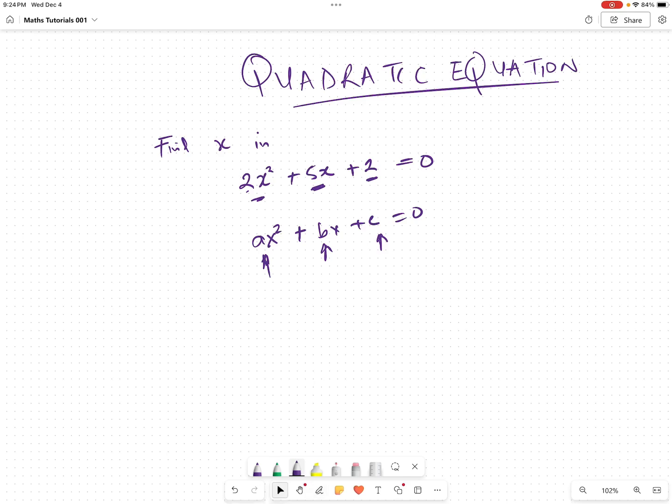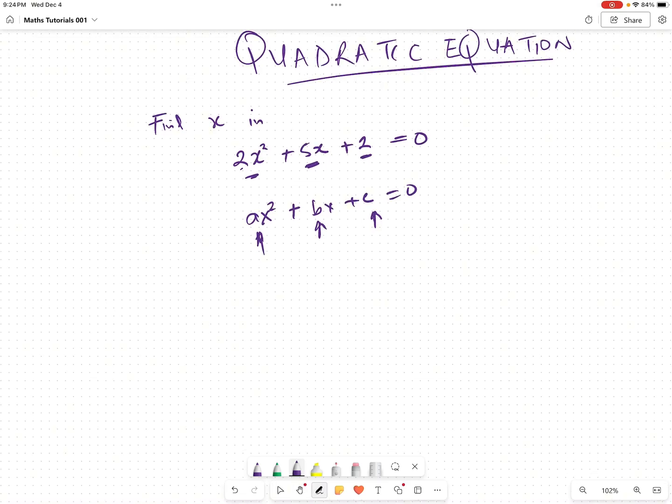But what I'll be showing you today is how to solve it without the quadratic formula, so that you are more creative. To do that, first we have the 2 in front of x squared, and we have 5 here, and we want to multiply what is in front of the x squared by the constant.